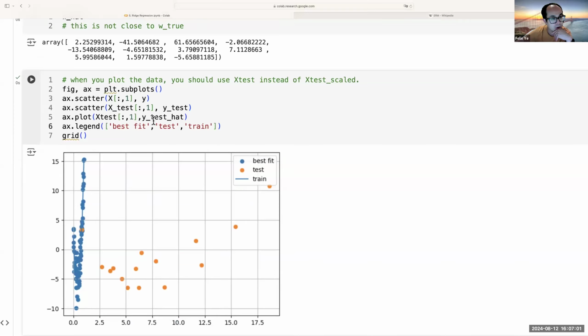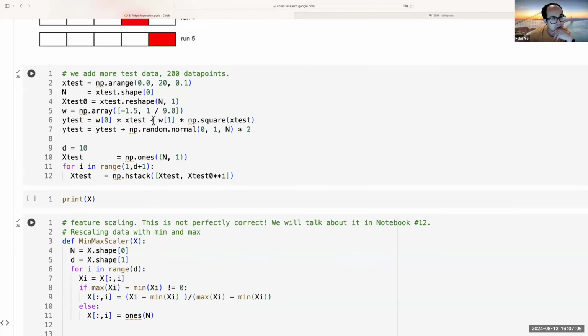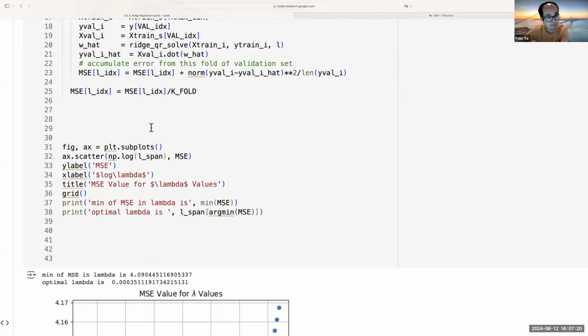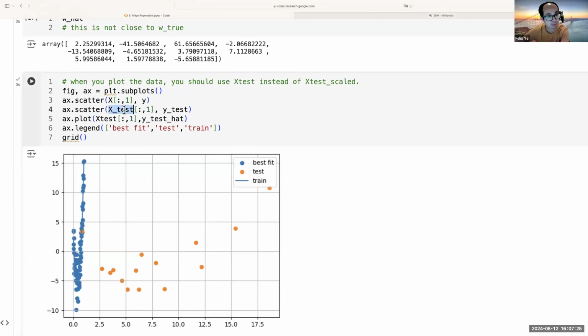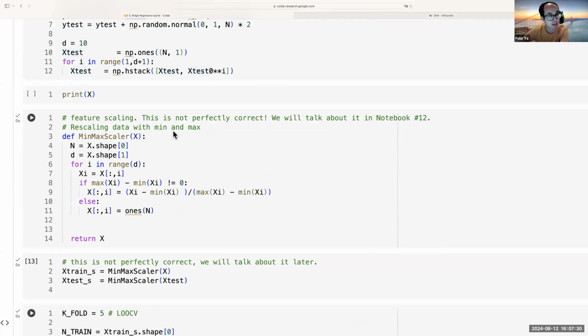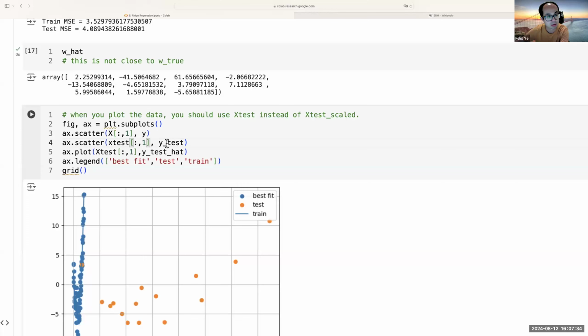That's not good. Did I change something here? Oh, X test right here. X test, Y test. Okay, let's see.